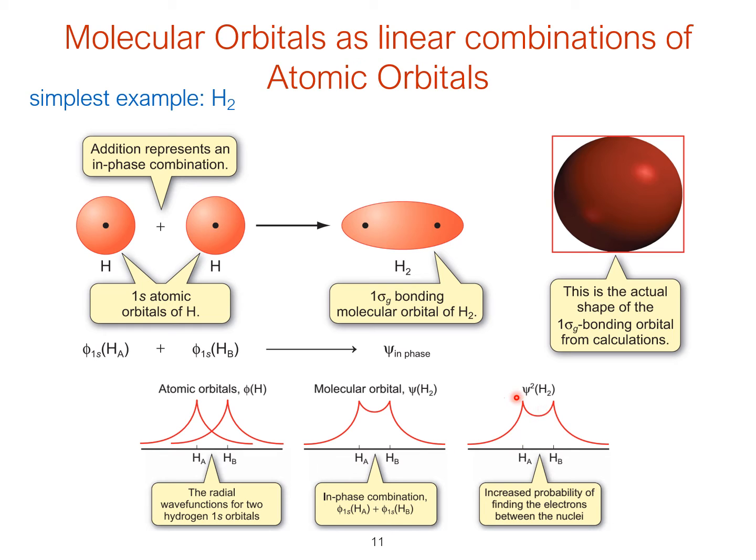And you can see there are two peaks. They're most likely to be near one or other of the hydrogens, and a very big probability of being in the middle. And then, on opposite sides of the molecule, very little probability. And then because we've actually got the wave function, we can calculate what the orbital looks like. So this, which looks like a sphere, is the actual shape of the 1 sigma bonding orbital.